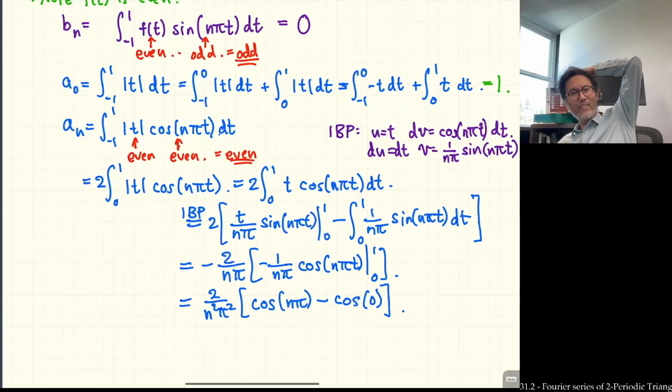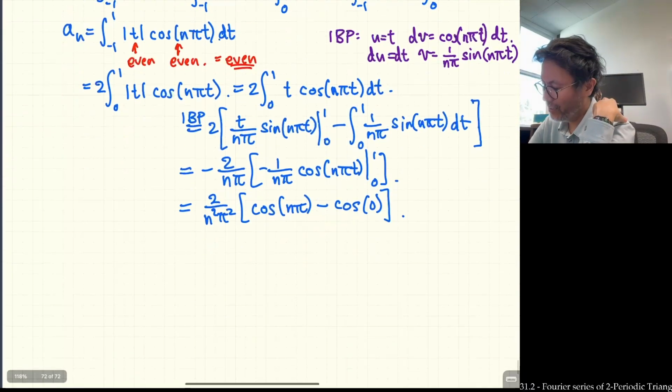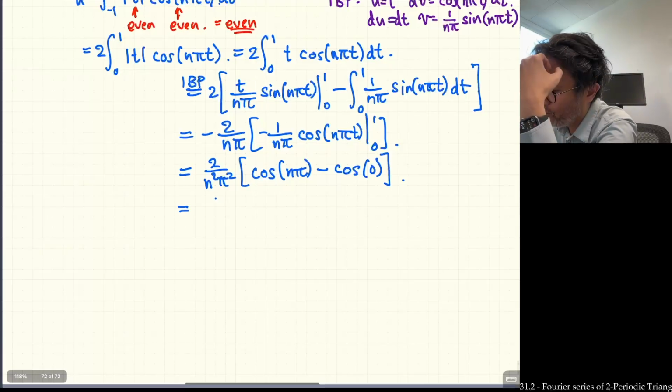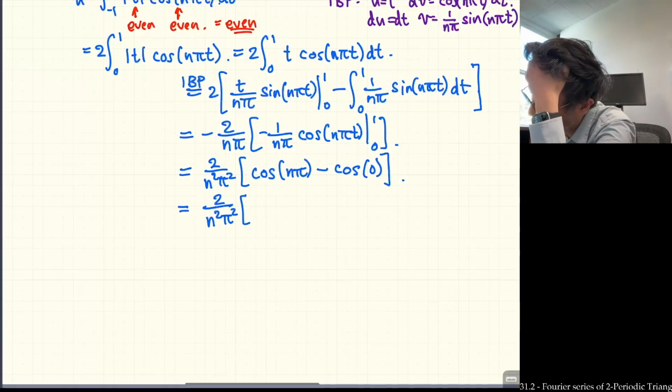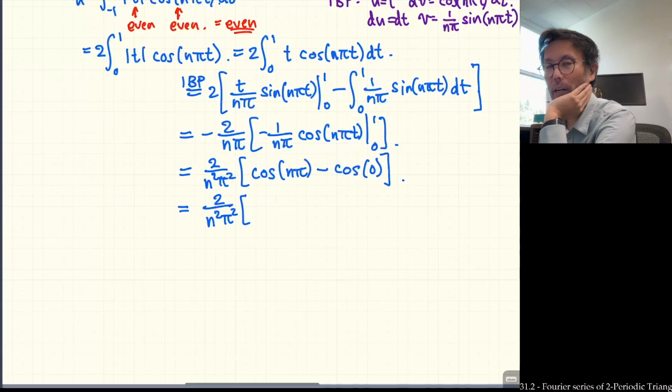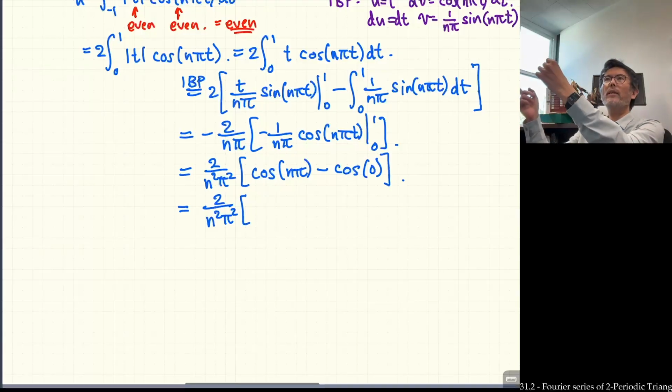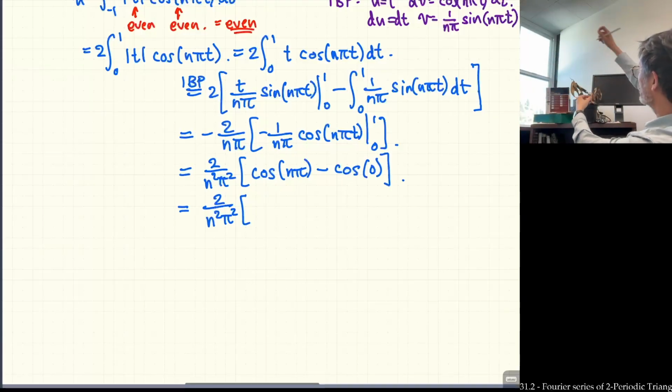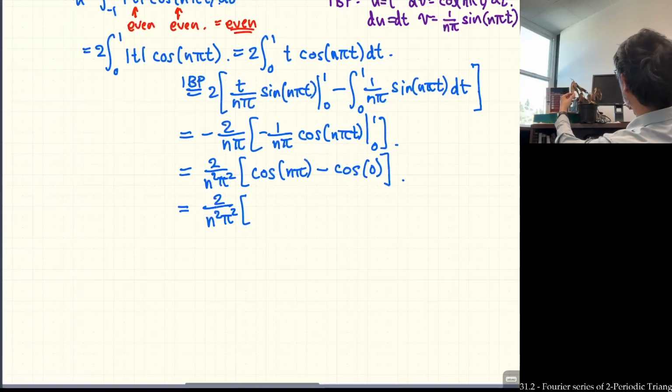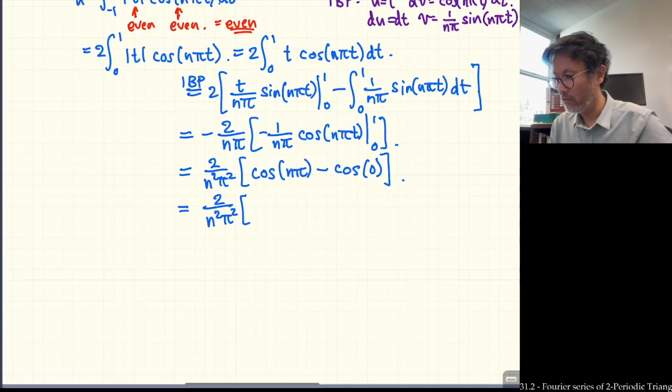This merits attention, because this is the same thing as 2 over n squared pi squared times cosine of n pi, which we've talked about. Think about angles in the unit circle. If n is even, like 0, 2, 4, 6, 8, etc., then we're at the eastern point of the unit circle, in which case the cosine is 1.